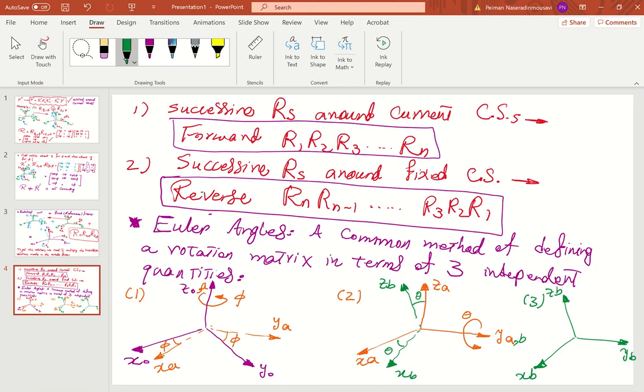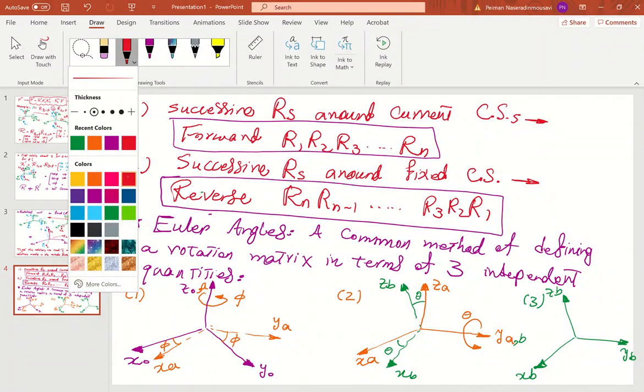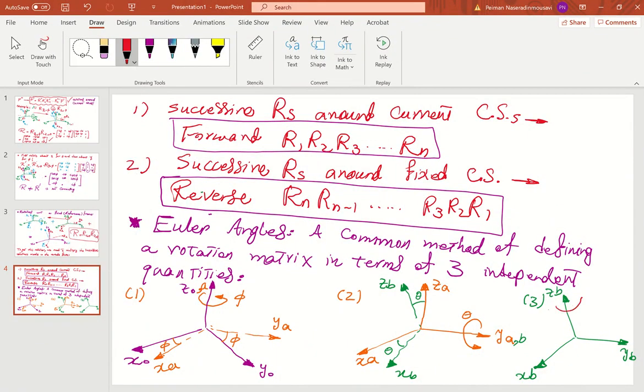Now again we are rotating around the new z, for the angle psi. If you do that, you're going to get x1, y1 and z1, because you're rotating.